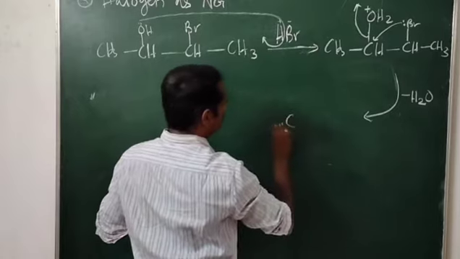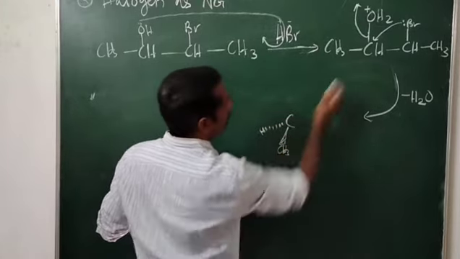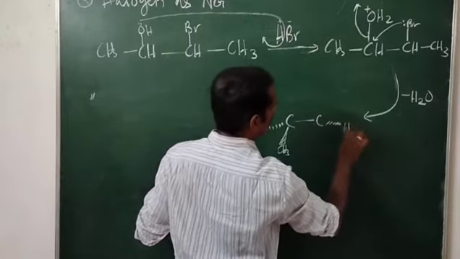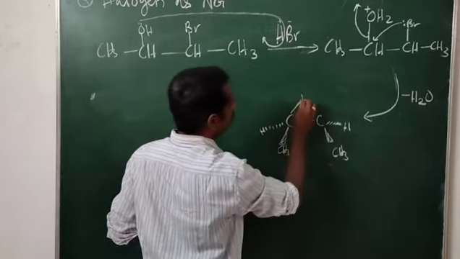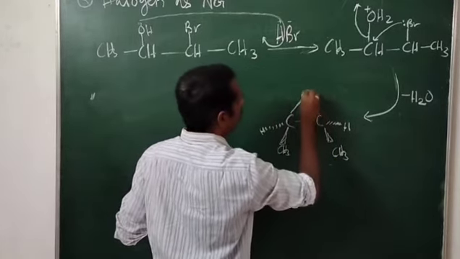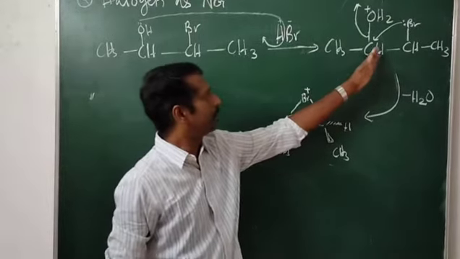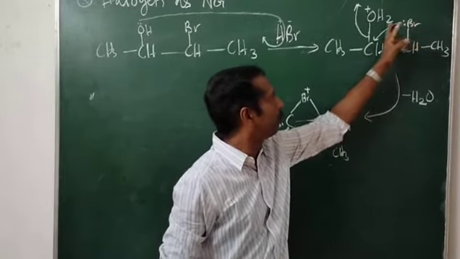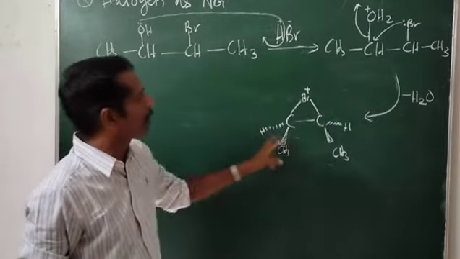This H, and here it is CH3, and here it is C, and here it is H, and here it is CH3, and now you can see that Br, and here it is a positive charge. Now you can see that this unshared pair of electron present on the bromine is attacking on this carbon, then minus H2O, and we get a structure like this.